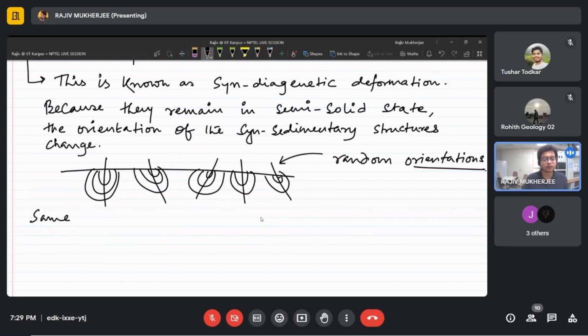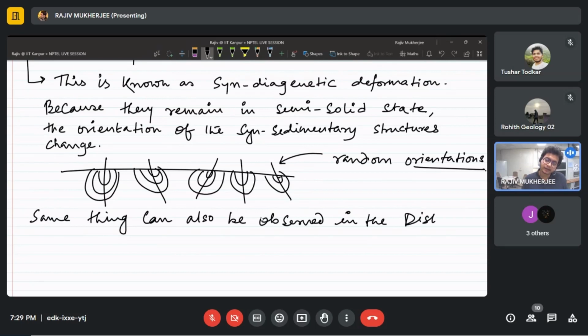Same thing can also be observed in the dish and pillar structure, like flame structure.